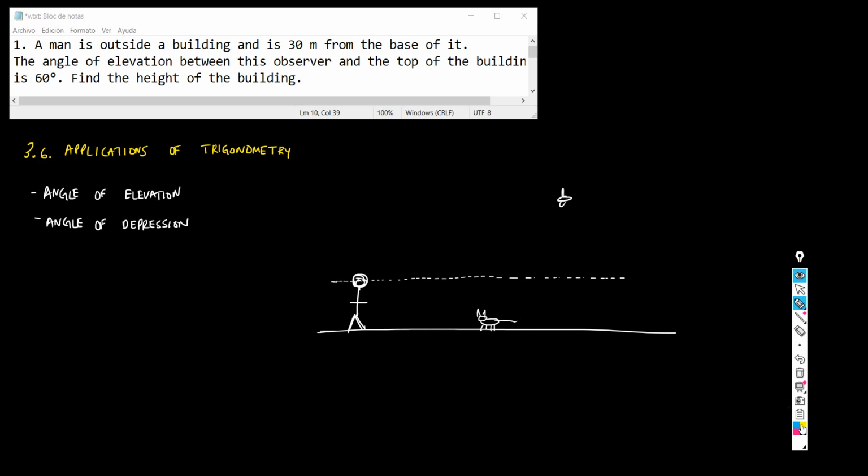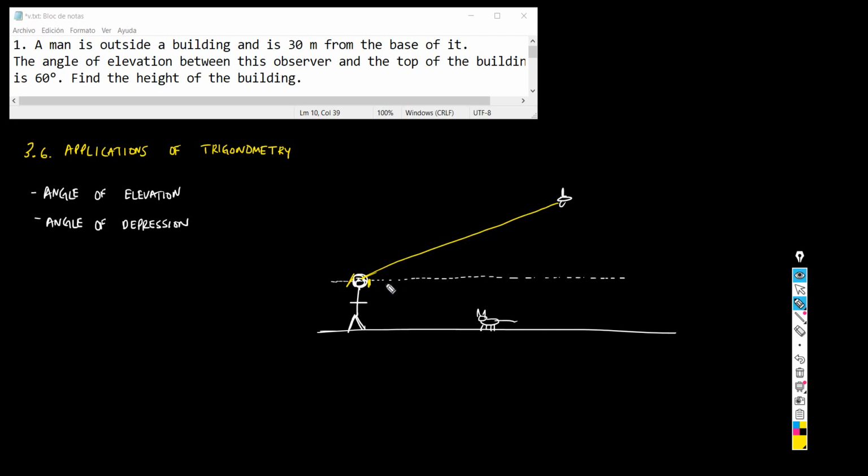Okay, and when you trace from his or her eyes, I'm gonna go for her, when you trace from her eyes the line of sight from her eyes to the plane in this case, then this line of sight makes an angle with the horizontal.